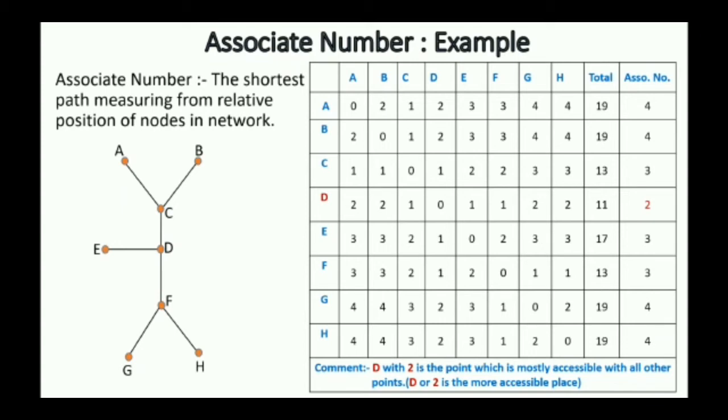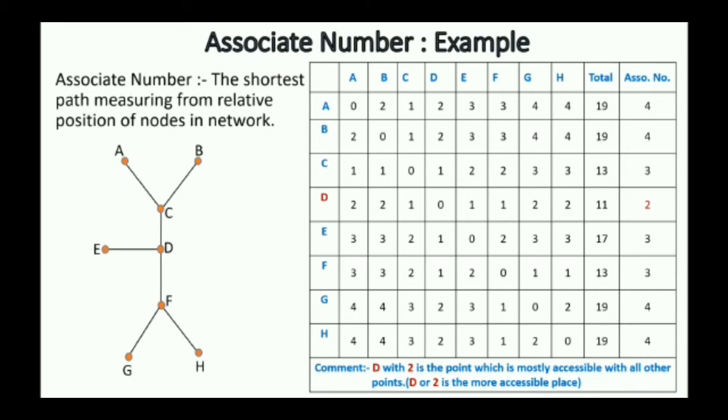Now, see the matrix values and find out the associate number. The largest value of the first row is 4. So, the associate number is 4. The largest value of B is 4. Then the associate number is 4. The largest value of C is 3 and therefore the associate number is 3.